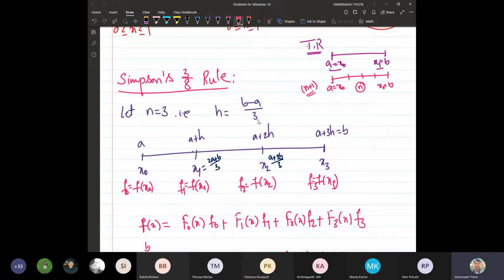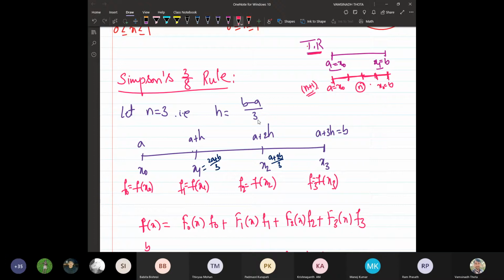This is what we call the composite trapezoidal rule, and in each subinterval we apply the trapezoidal rule: the first subinterval, second subinterval, kth subinterval, and nth subinterval. We will combine all of them, and that is the composite trapezoidal rule that can be used to evaluate some integrals. Okay.